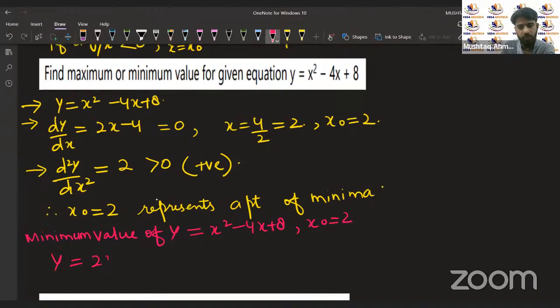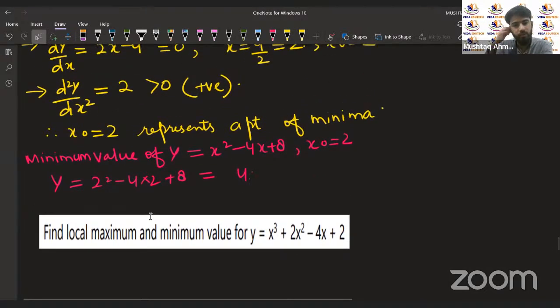It will be 2 square minus 4 into 2 plus 8. So it's nothing, it's 4. So 4 will be the minimum value of this particular function, x square minus 4x plus 8. So that's how we calculate the minimum value of a function.